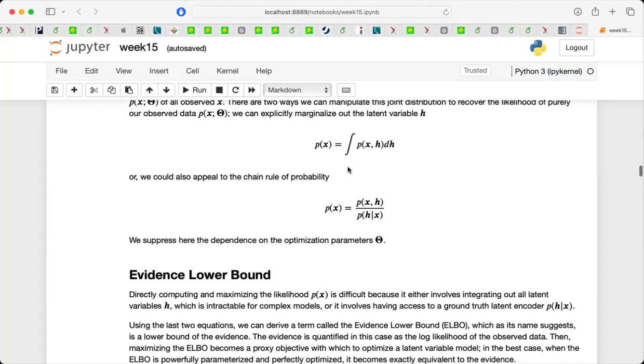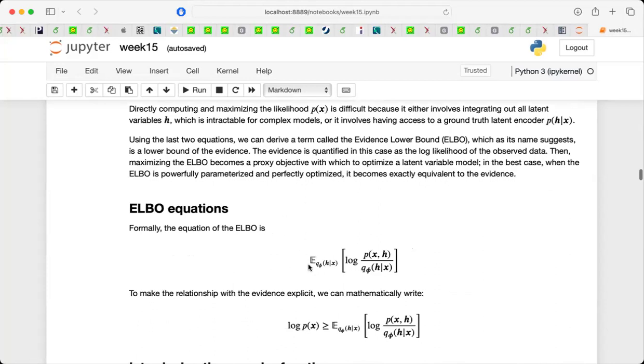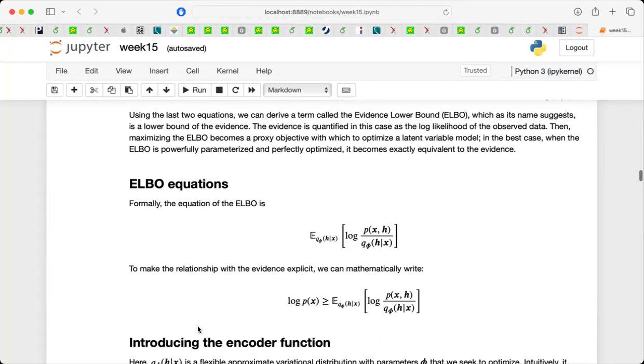So the equation which you see here, this one for the probability distribution using the chain rule of probability, gives us something which we can rewrite in terms of this expectation value here, but where this distribution is now the relevant one. So this is actually nothing but a rewrite of P of X. So mathematically, what we showed last time is also that the log P of X is larger or equal to this expectation value, because we can rewrite using the Kullback-Leibler divergence.